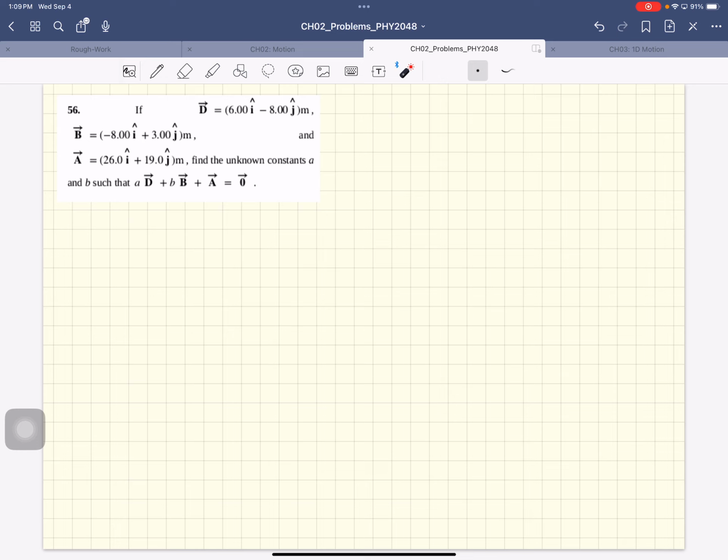How many equations do you need to find two unknowns? Two. Here's one equation. So how are you going to solve this problem? You guys understand the question? So, plug in the x values and then do the y values. What she said is very good. Two vectors are equal to each other when their corresponding components are equal.